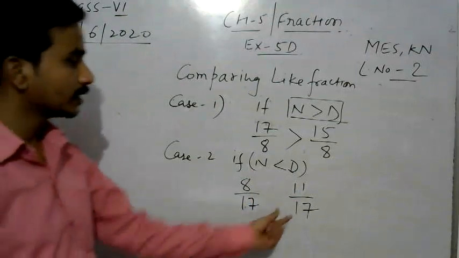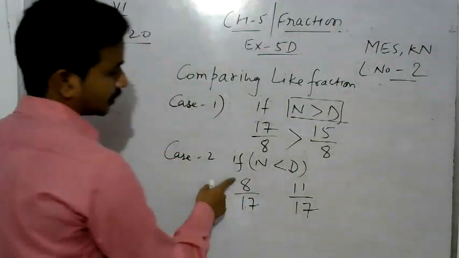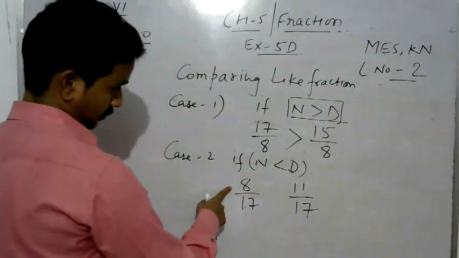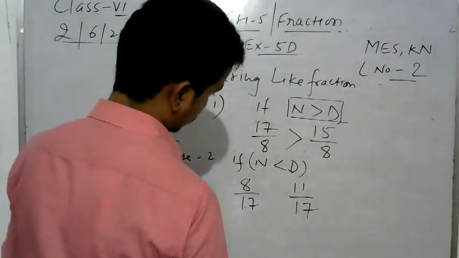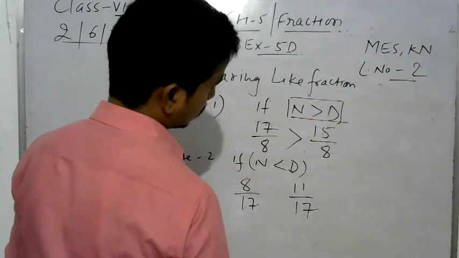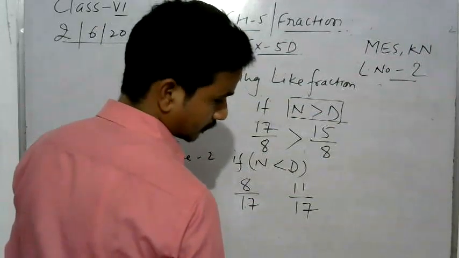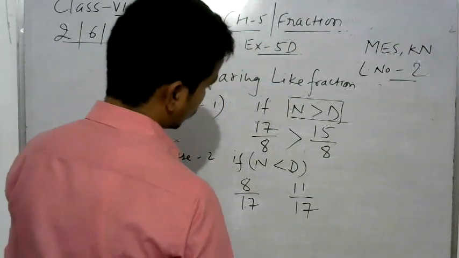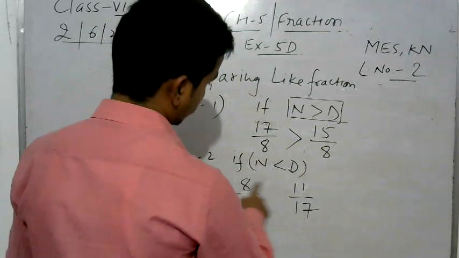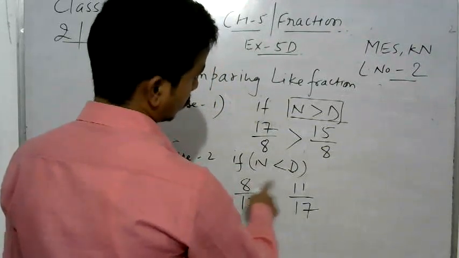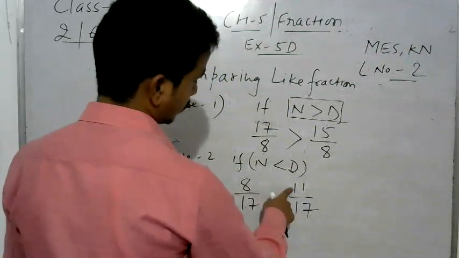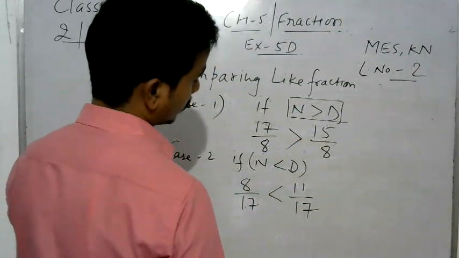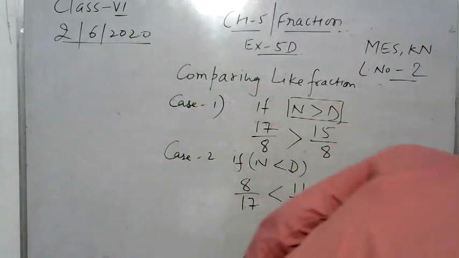So in this case, how will we compare? Just compare the numerators. Which one has the greater numerator? Since 11 is greater than 8, therefore 11 by 17 will be greater than 8 by 17.